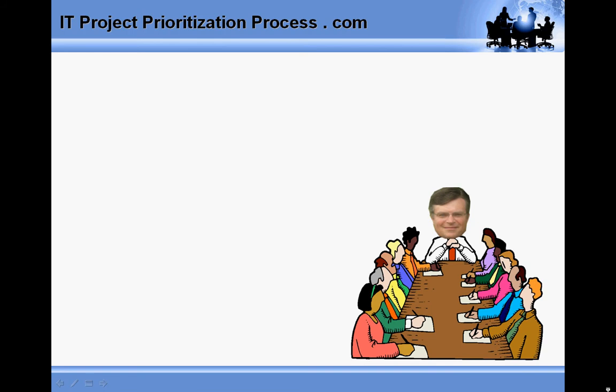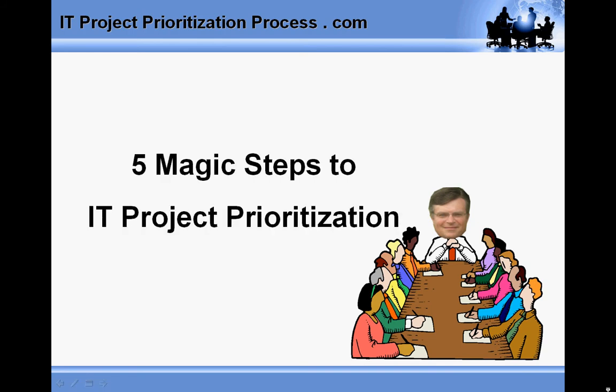But before going live, I also recruited a team of the best facilitators, project managers, and strategic consultants I could find to help test and tweak the new prioritization process. In fact, I even recruited a 6 Sigma black belt to help us out. And as a group, we were able to reduce this down to 5 simple steps that anyone could use, even when there was absolutely no project information available. So I decided to call the steps the 5 magic steps to IT project prioritization.